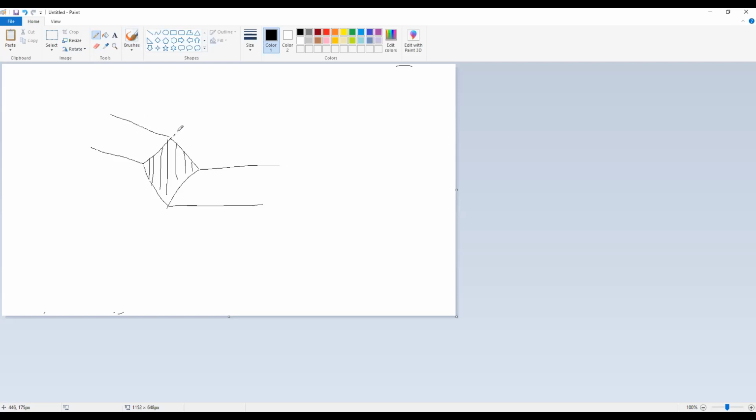This is the strike, this is true north, it is making an angle beta, and with reference to horizontal it is making an alpha angle. Beta, strike, alpha is the orientation of the plane.